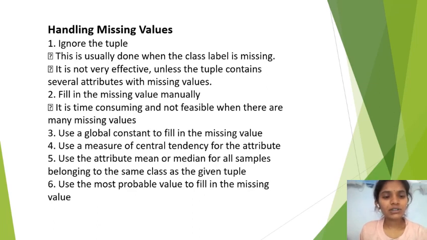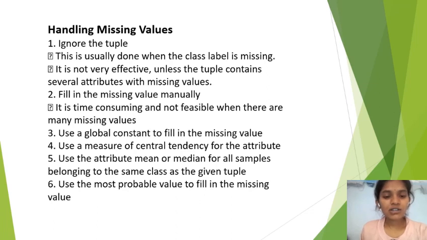Ignore the tuple. This is usually done when the class label is missing, and it is not very effective unless the tuple contains several attributes with missing values. Fill the missing values manually. That means by observing the other rows, we can imagine the value which will occur in the present column, present row.